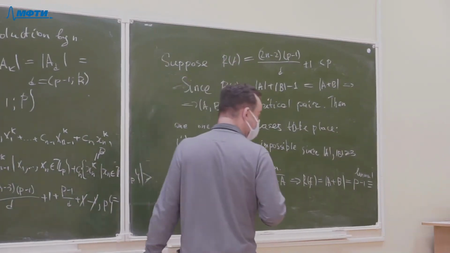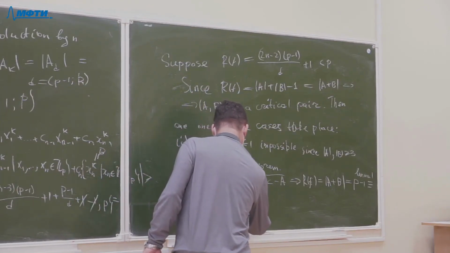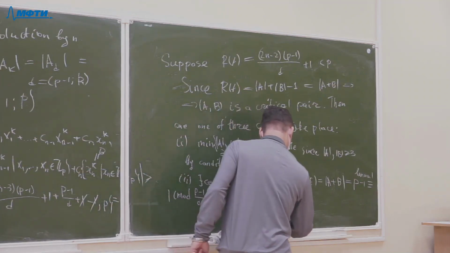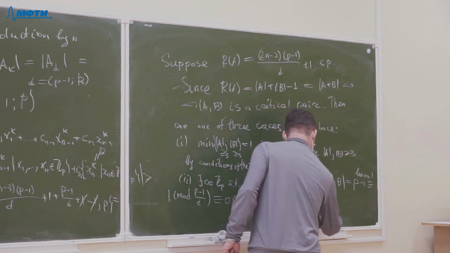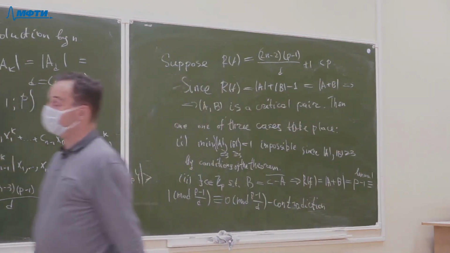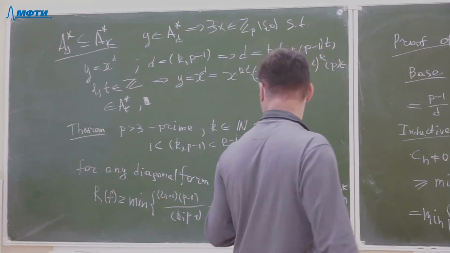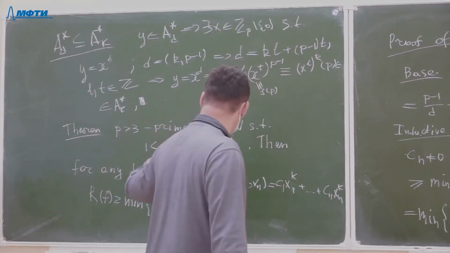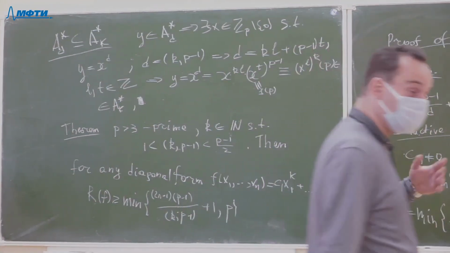This is a contradiction. Also this (P minus 1)/D is at least 3, well, at least 2, and smaller or equal than (P minus 1)/2.